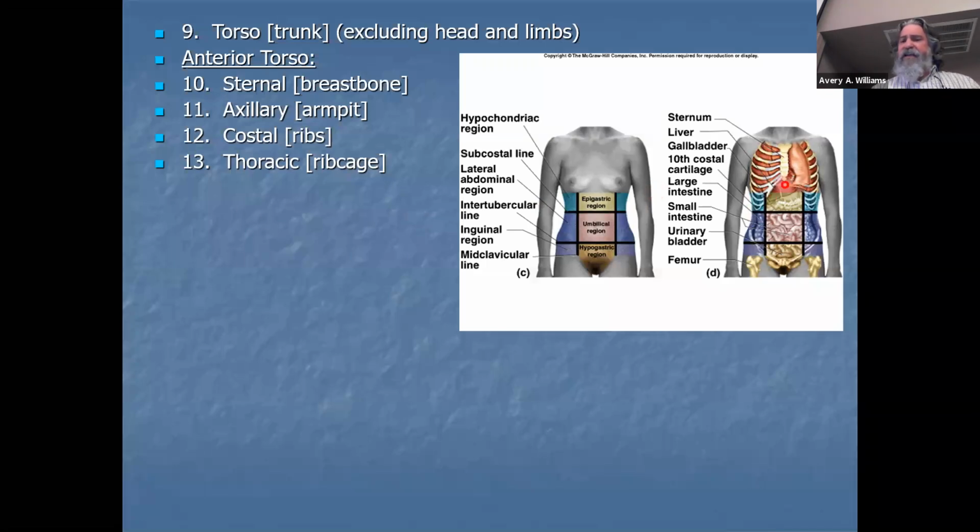In a human, it's everything superior to or above the diaphragm. You can't really see a diaphragm here, but if you palpated the torso anteriorly, you'd feel the ribs right here and here. See, here you can see them. And just underneath the ribs right there, you would assume that's where your diaphragm is, because that's where it is.